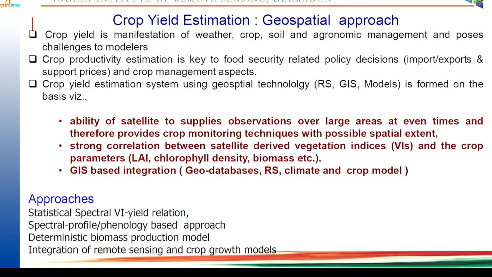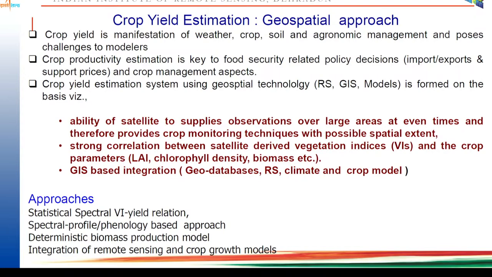Now crop acreage estimation is one of the important areas where we need to monitor crop area, but crop area alone doesn't serve the purpose of monitoring crop performance. We need to monitor crop production, which is acreage multiplied by crop productivity.